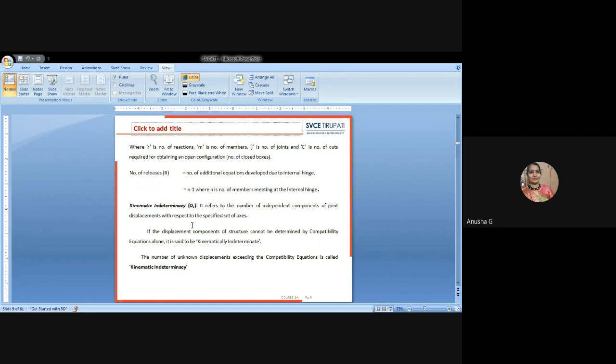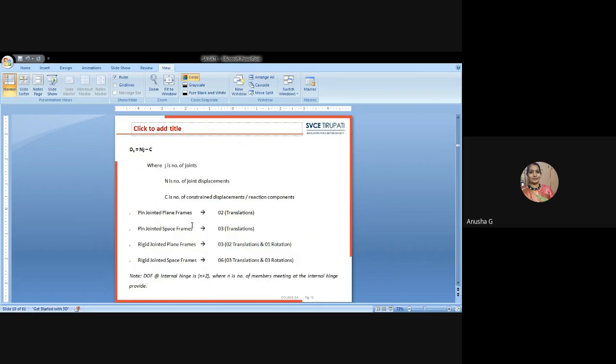If the displacement components of a structure cannot be determined by compatibility conditions, then it is called kinematic indeterminacy. That is, whenever the number of unknown displacements exceeds the compatibility equations, it is called kinematic indeterminacy. Compatibility equations and equilibrium conditions are the same. So this is kinematic indeterminacy.